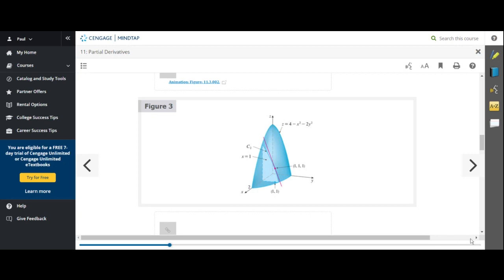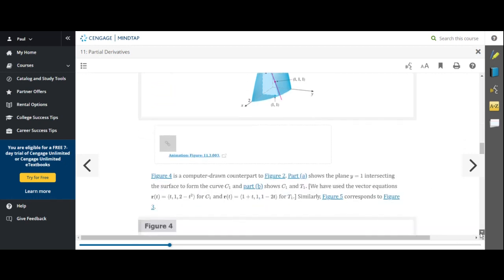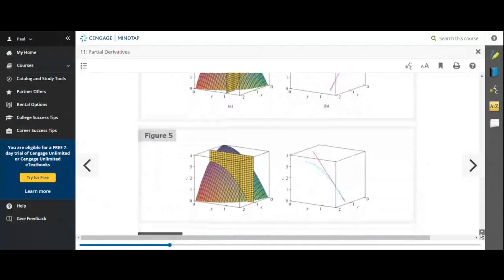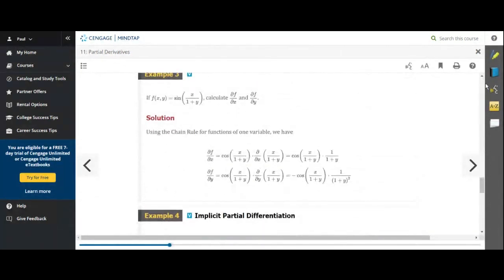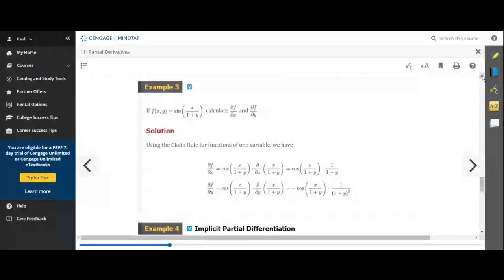Well, let's go a little further here. Example 3, we have a function of x and y, and we want to calculate the partial derivative of f with respect to x and the partial derivative of f with respect to y.